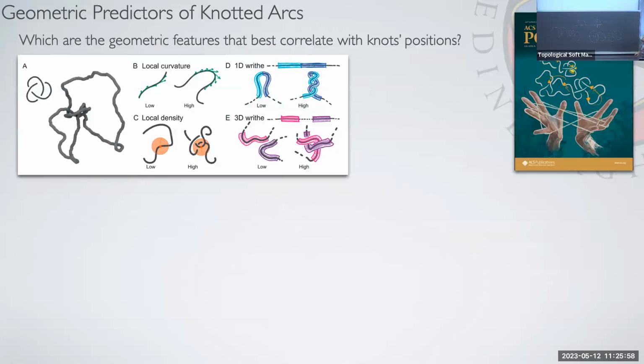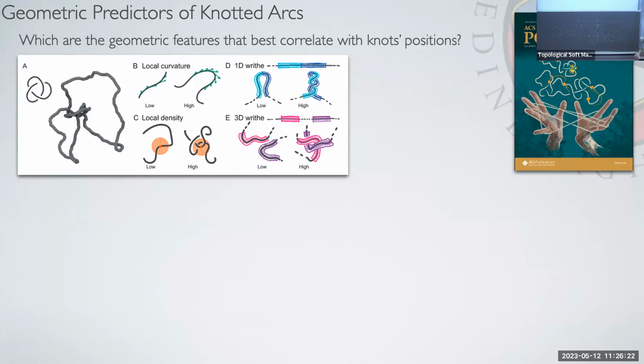Okay. So let's start from the beginning. This is where the project started with Joseph. The idea is to come up with geometric quantities that we can compute on the knot configuration, which could correlate with the knot position, for instance. So you take a simulated polymer. This was done in LAMMPS, very similar to what Christian was doing in terms of modeling.